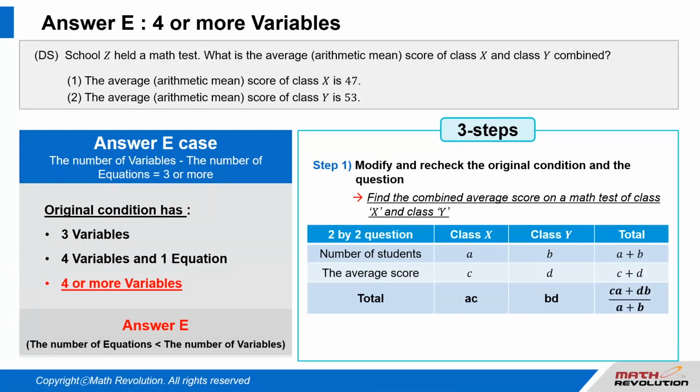We will modify the original condition by filling up the table with variables as shown below.